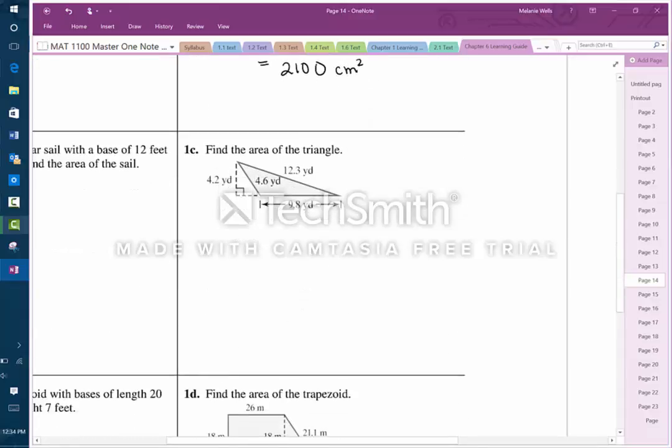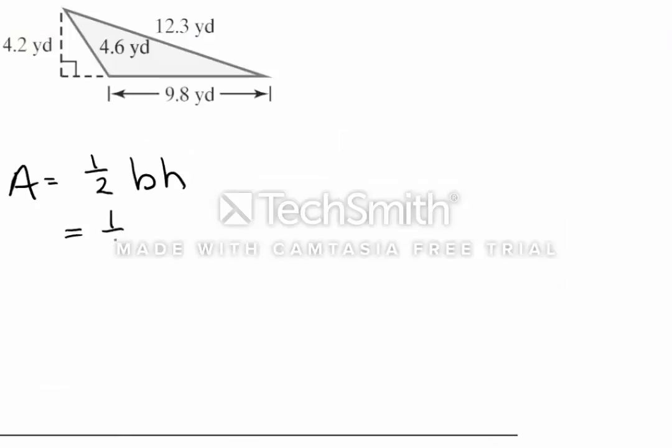Okay. Finding the area of a triangle. Area is 1/2 base times height. We have 1/2 base is 9.8 yards. Height is the perpendicular distance between the base and the opposite vertex, which is 4.2 yards.